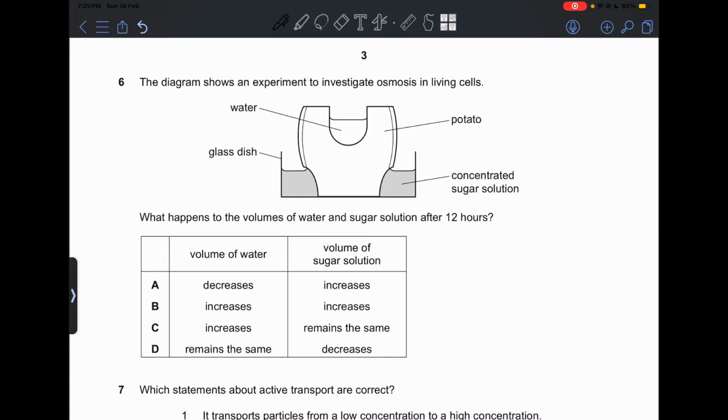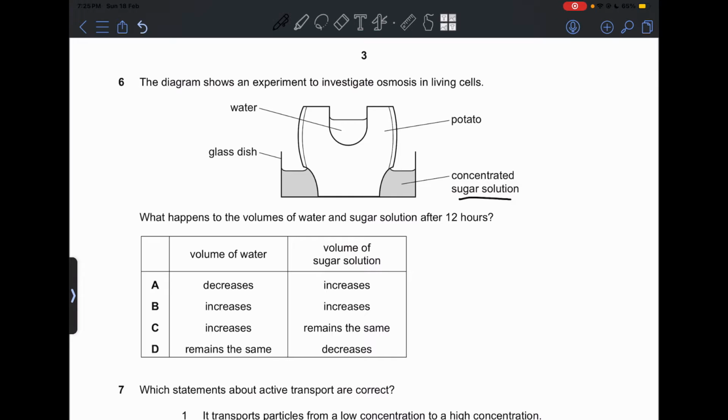Number 6, the diagram shows an experiment to investigate osmosis in living cells. What happens to the volumes of water and the sugar solution after 12 hours? So over here we can see that we have a potato and there's water over here in a glass dish which has concentrated sugar solution. So we know that osmosis moves from high concentration to low concentration.